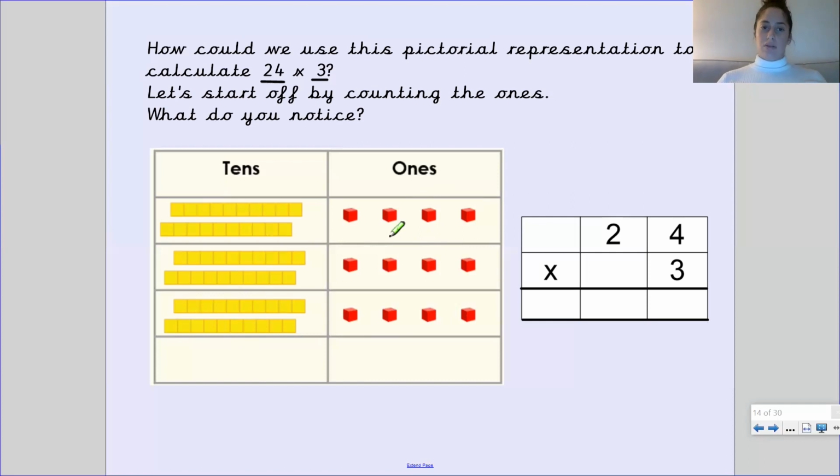So what do we need to do? I have 12 ones in the ones column, and I know I can't have 12 ones in the ones column. So what do I need to do to be able to exchange it into the tens column? Can I exchange 1 into the tens column?